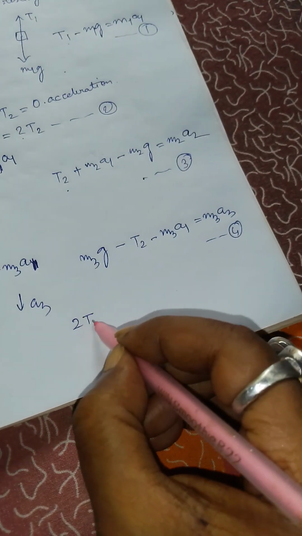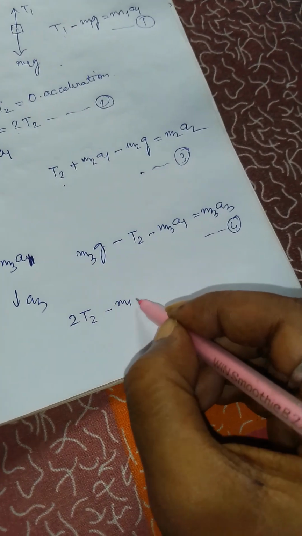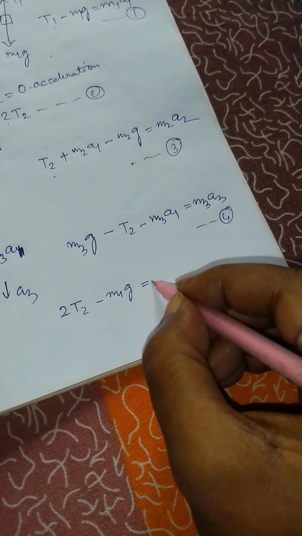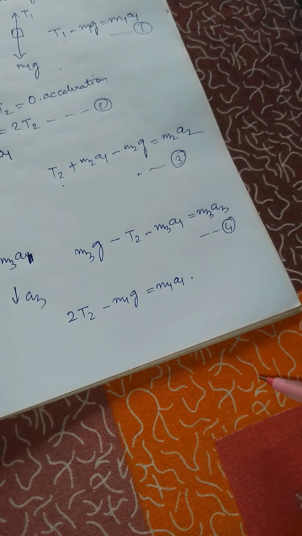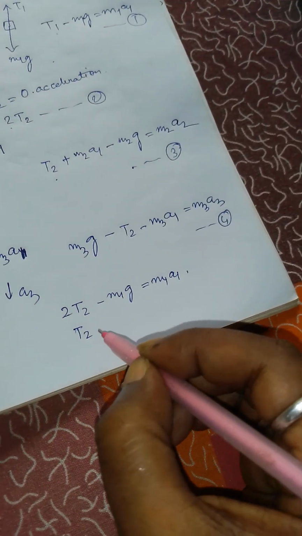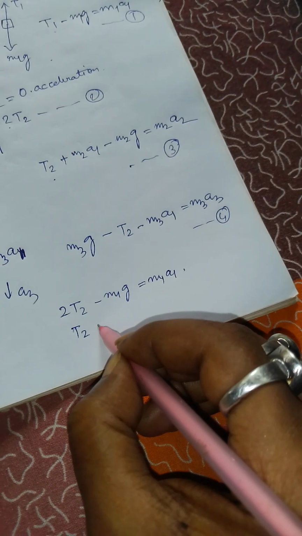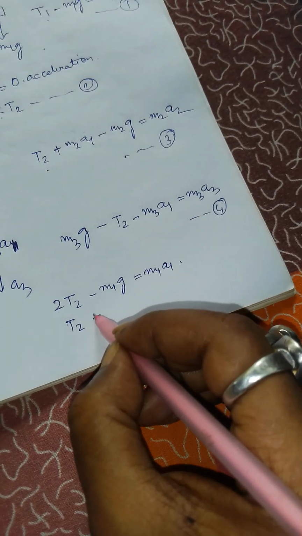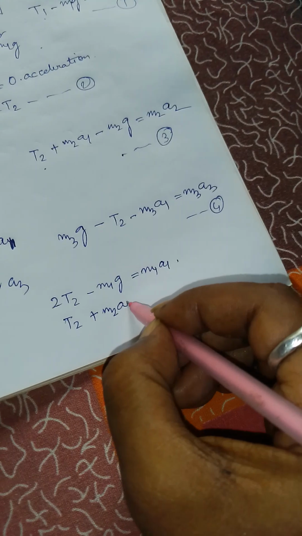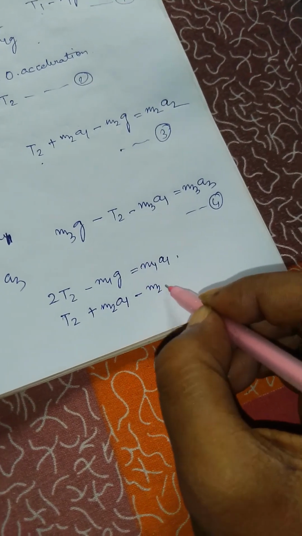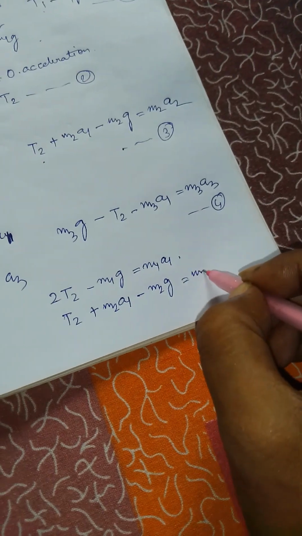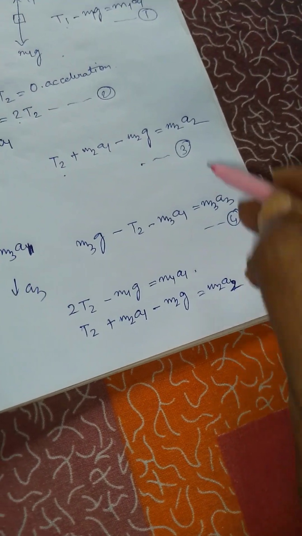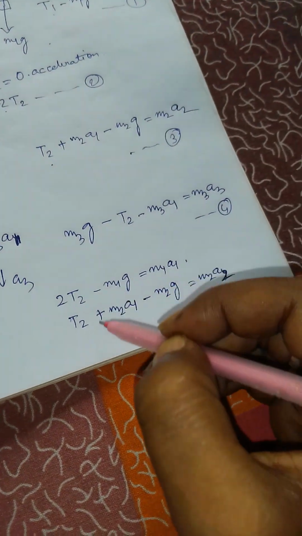So from equation 1 we get 2T2 minus M1g equals M1a1, and from equation 3 we get T2 plus M2a1 minus M2g equals M2a2.